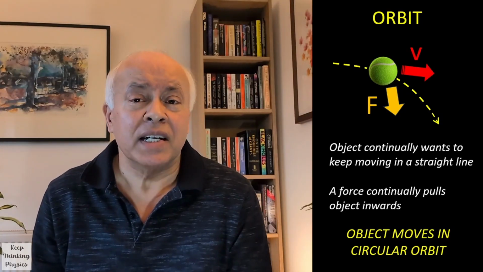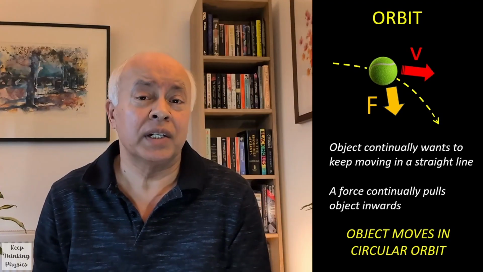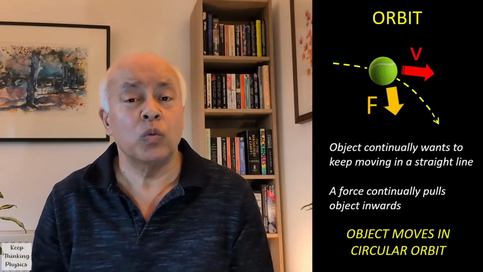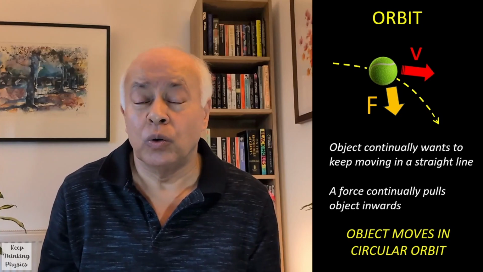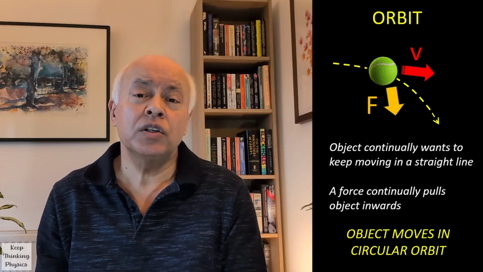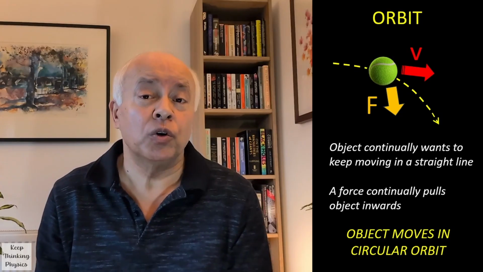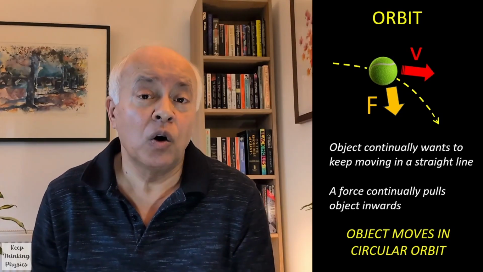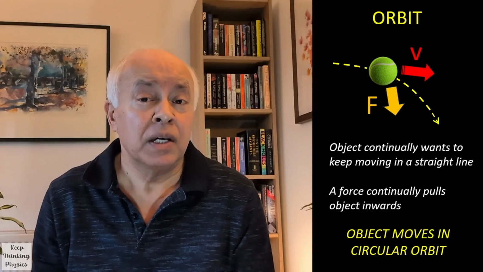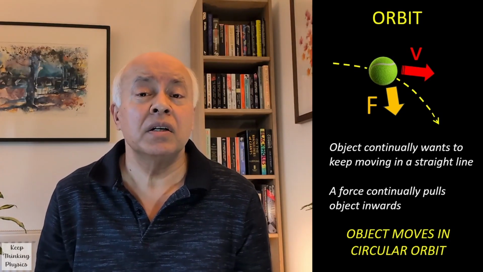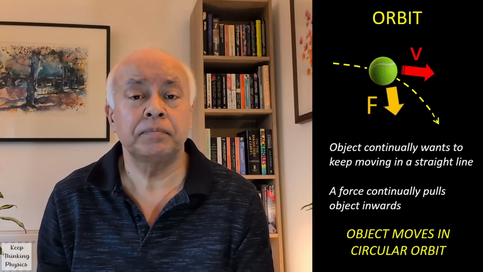So the result is that the object cannot travel in a straight line and its path keeps continually curving inwards, and this is what we call its orbit. If we could magically turn off the force, then the body would just move in a straight line along the direction of the velocity. But because the force is always there, the object keeps curving along its orbit.